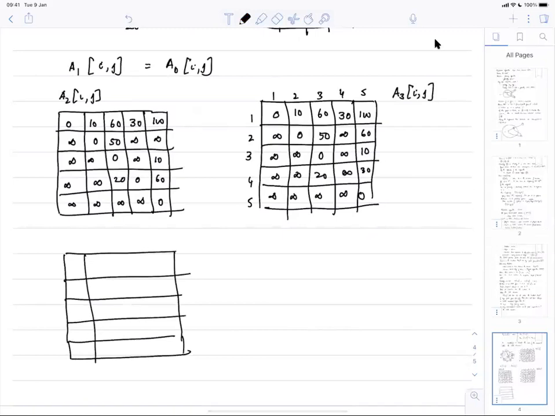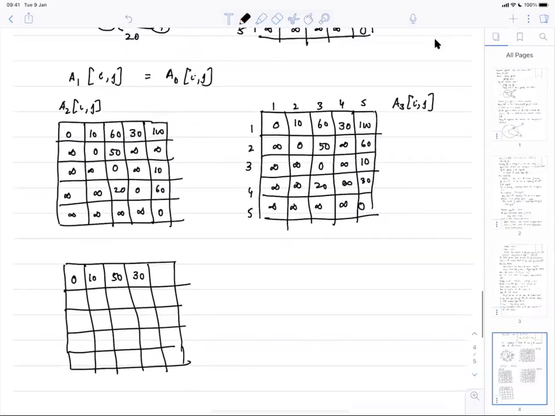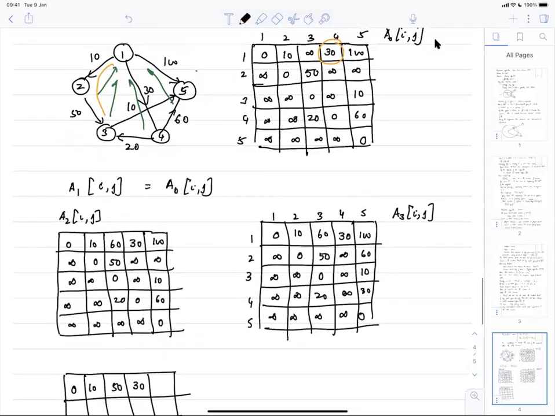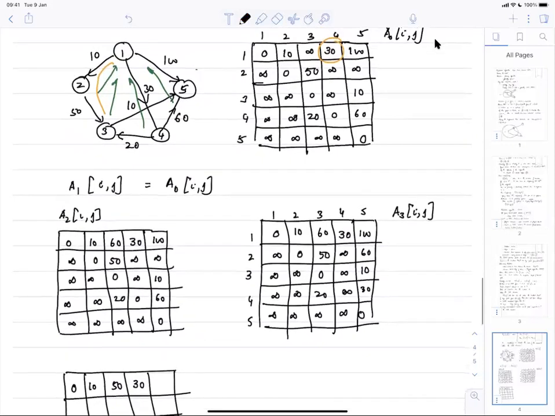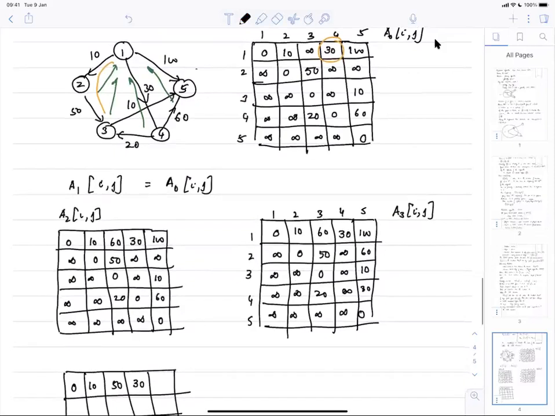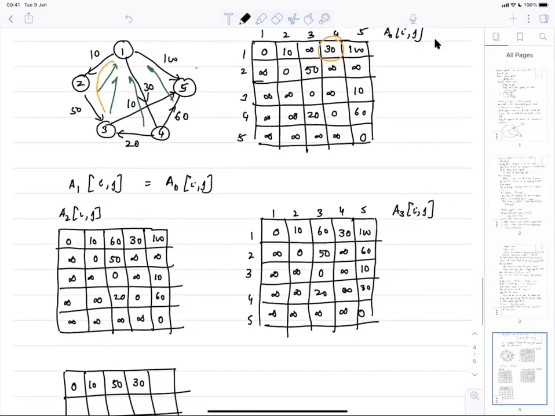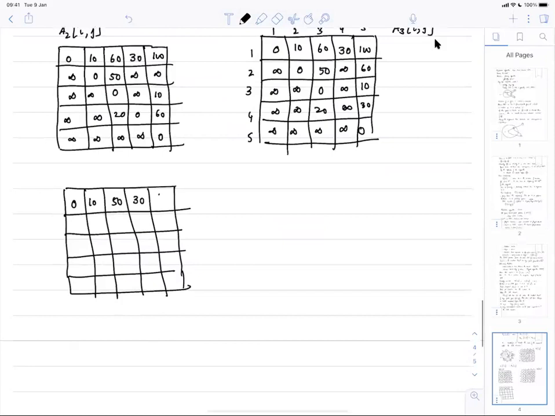It will become 0, 10, 50, 30, 1 to 5 is 30, yeah, 30, 20, 50, 60, correct.